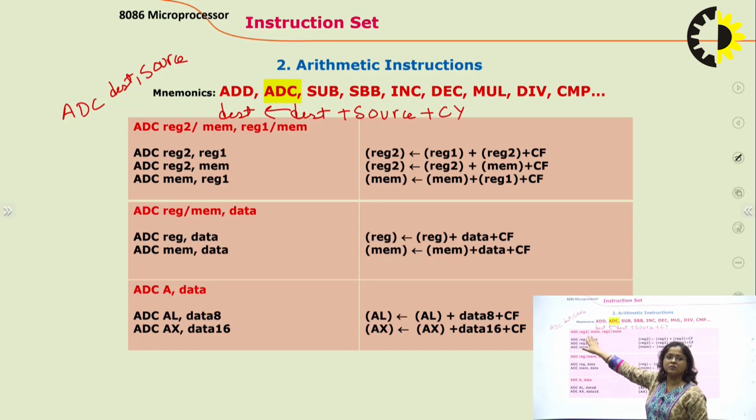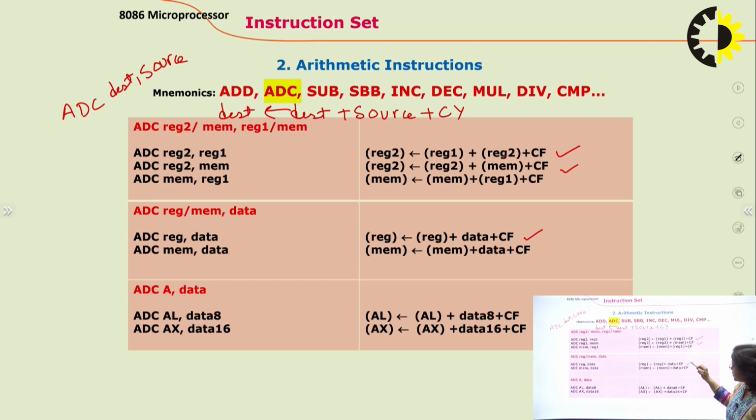The destination can be a register or memory location only, whereas the source can be a register or memory location or 8 or 16-bit immediate data. So the same examples work here, that is register plus carry flag, register plus memory plus carry flag, register plus data plus carry flag, or memory plus data plus carry flag. The same operation works here also.